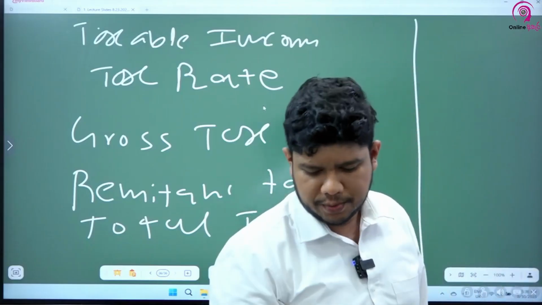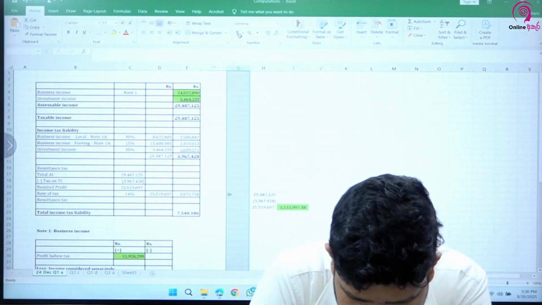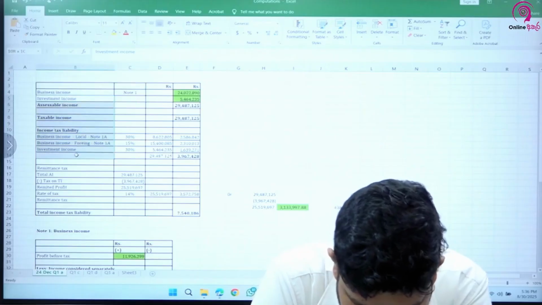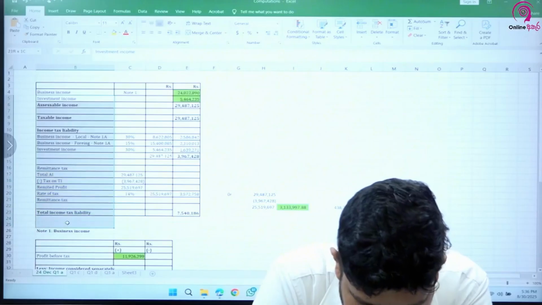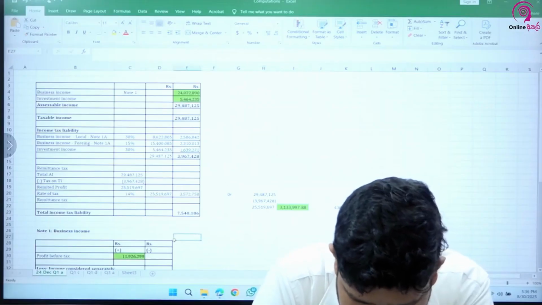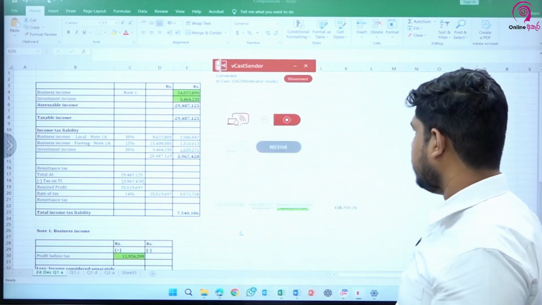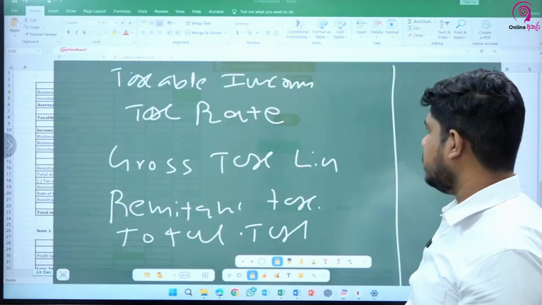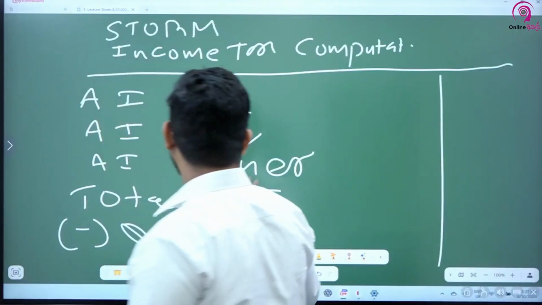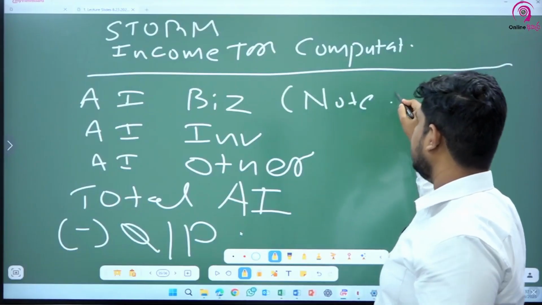So we will see how to do each one. This is the structure that you need to prepare. So the tax rate you have to determine first. Now we said assessable income from business. Now you are going to do the computation actually. When you compute assessable income from business, you give it a note number, Note 1.